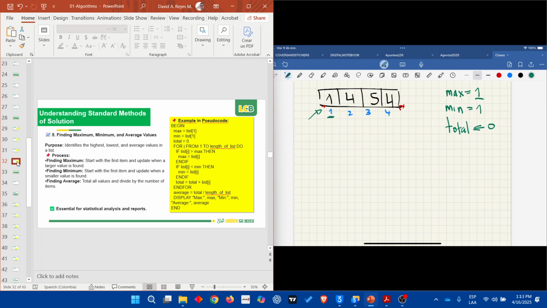Now, it's asking if the number in the min part is less than the number that we have in the list. No, so nothing happens. And now, total is equal to total plus the item in the list. So total is now equal to 1. Why? Because total starts at 0.